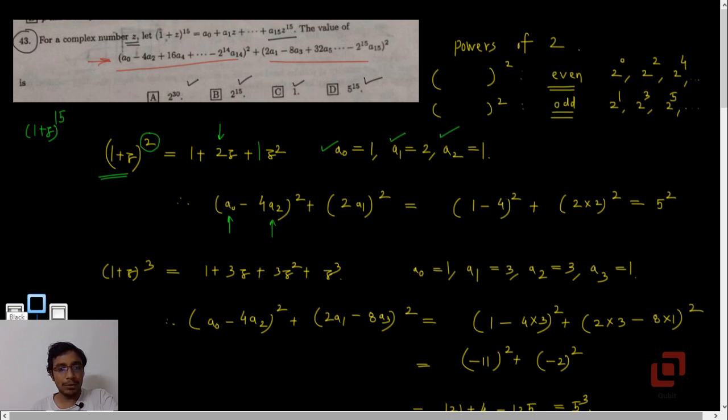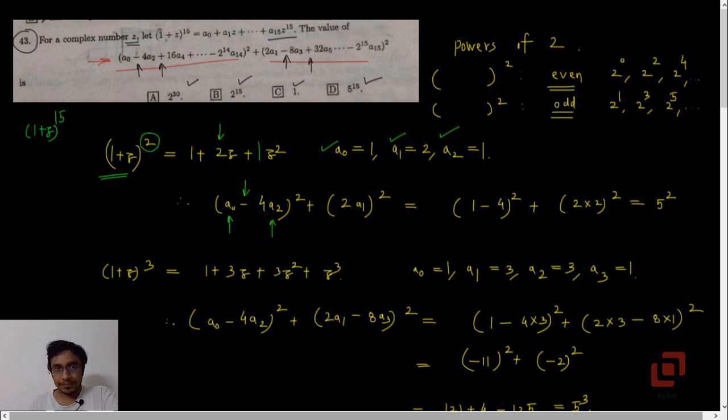The signs of the terms keep on changing, plus minus plus minus, in both sums. Because the sign of a0 is positive, 4a2 will be negative.